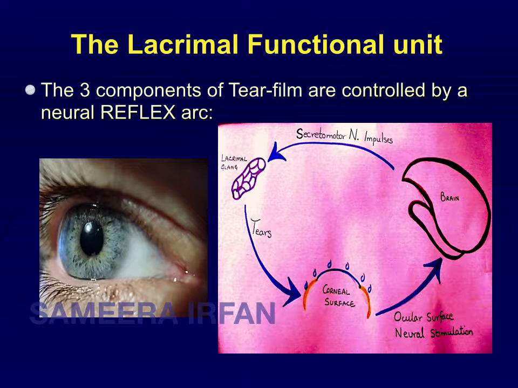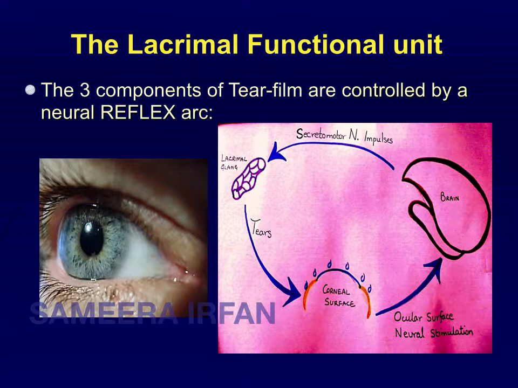As I mentioned earlier, in between blinks, if a dry spot appears on the cornea or the conjunctiva because of excessive evaporation of the aqueous component, the hyperosmolar tear film initiates a chemical inflammation with the release of chemokines and cytokines, which stimulate the corneal nerve endings over the cornea as well as the conjunctiva.